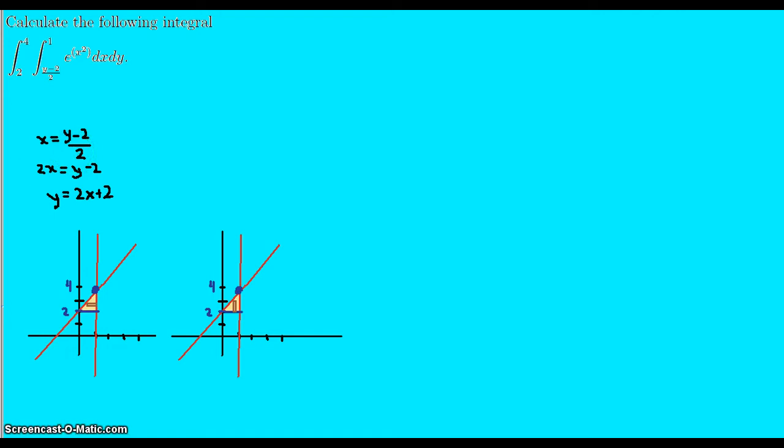And so the low end on the inner limit will be 2. The high end on the inner limit will be the line. The inner limit of integration would be from y equals 2 to the line y equals 2x plus 2.